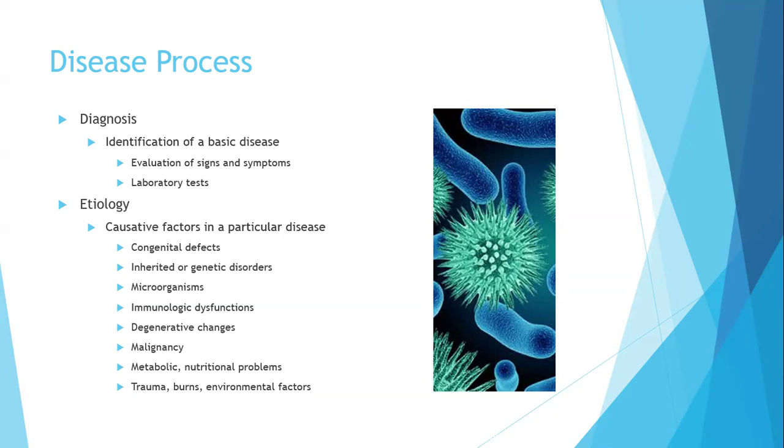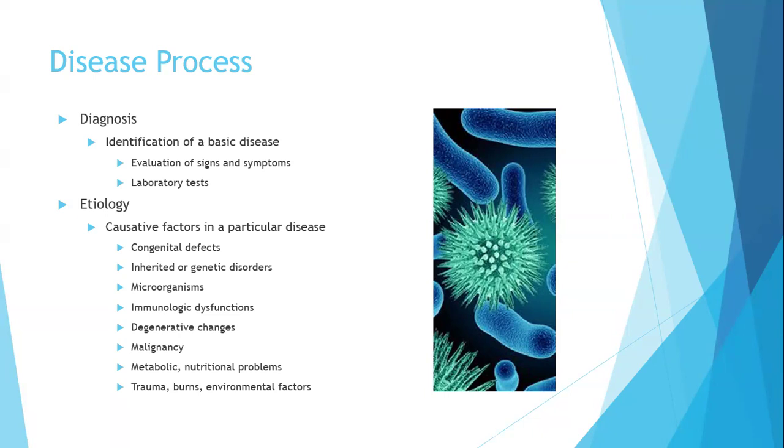Etiology is causative factors for a particular disease. Like, what caused it? How did you get this disease? Sometimes you don't know, but sometimes you do know. The different types of causative factors for diseases include congenital defects, inherited or genetic disorders, microorganisms like bacteria and viruses, immunological dysfunctions, degenerative changes.